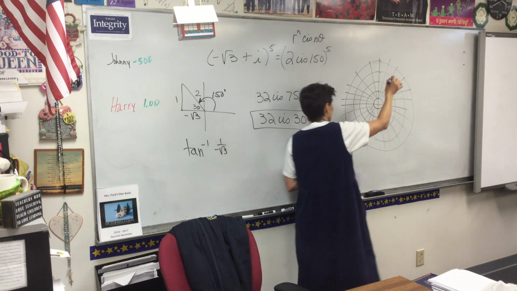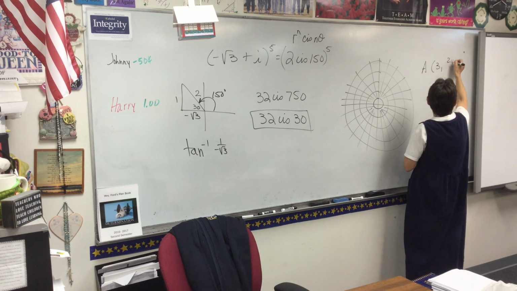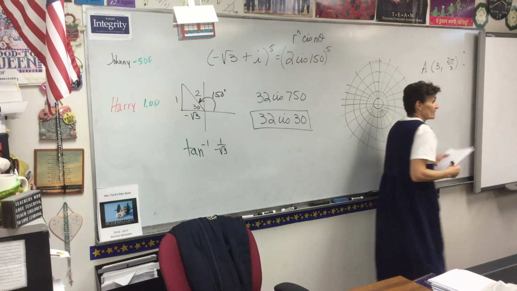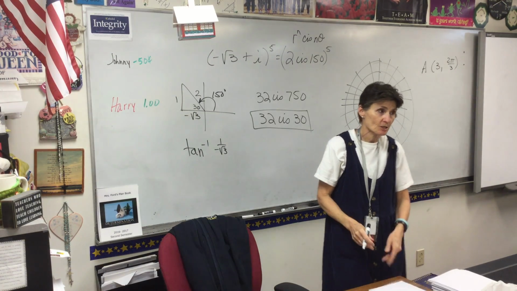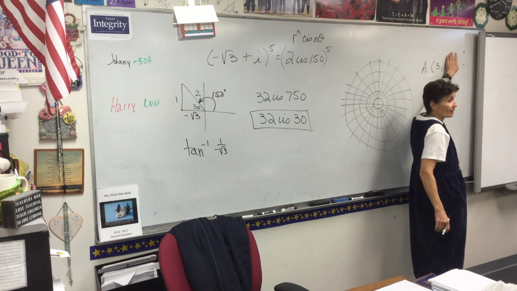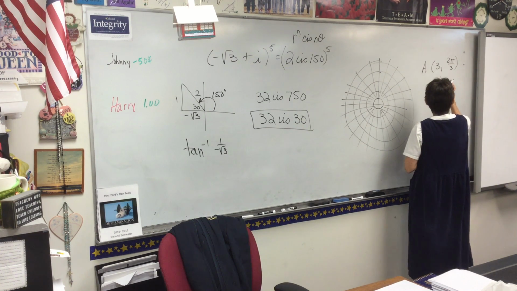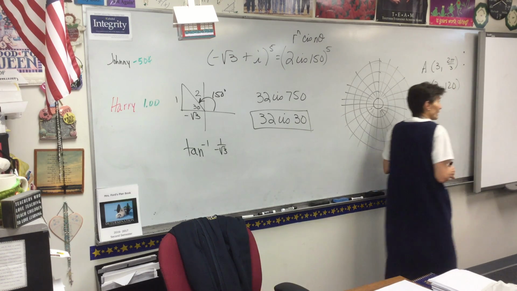So 2 pi over 3. Let's change that to degrees. Good review. How do we change it to degrees? Pi is 180. Divided by 3 is 60, times 2 is 120. So we're actually going to plot the point 3 comma 120.